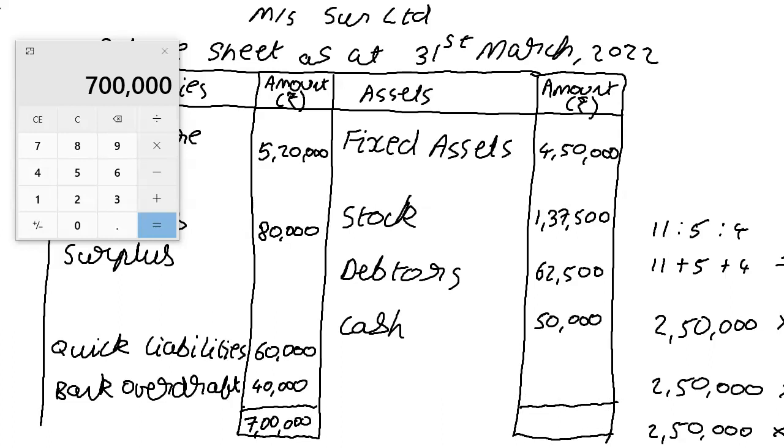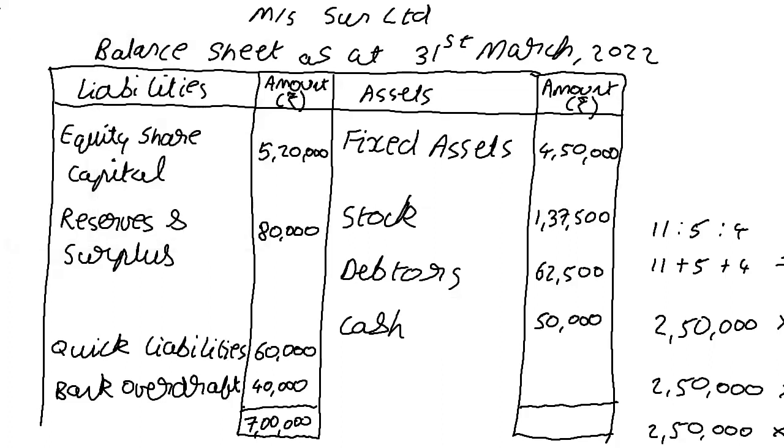And on the asset side we have 4,50,000 plus 1,37,500 plus 62,500 plus 50,000. Congratulations, 7 lakhs on the asset side. This balance sheet tallies, and with that we are done with this question.